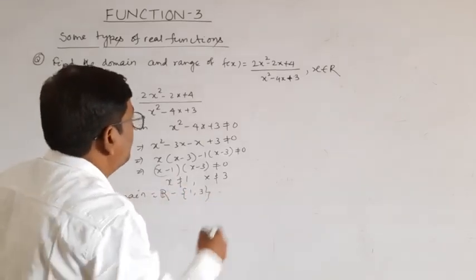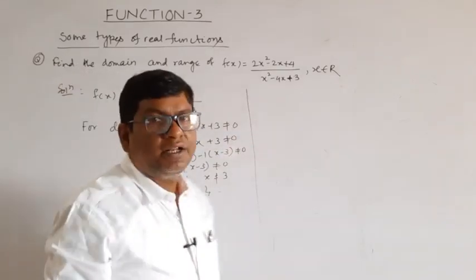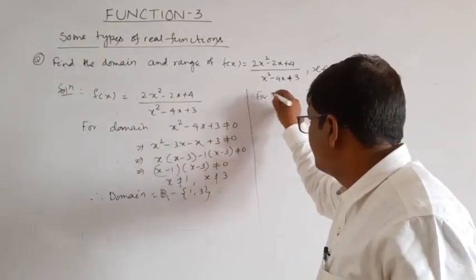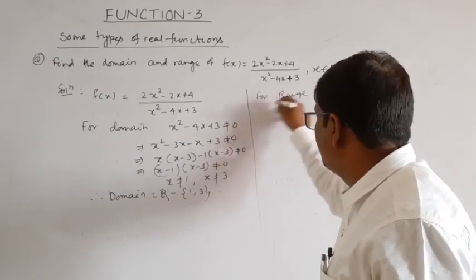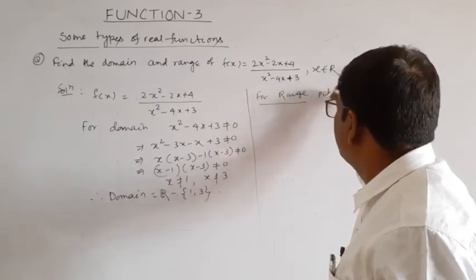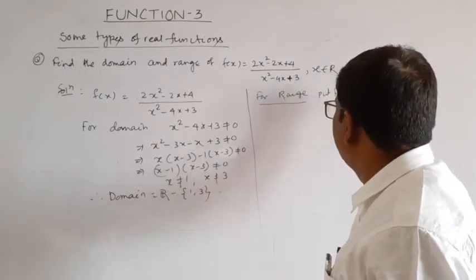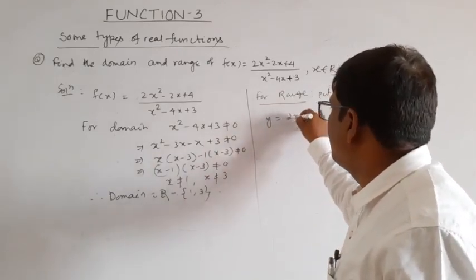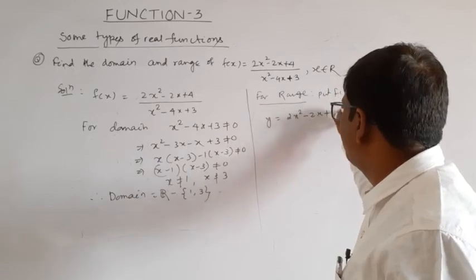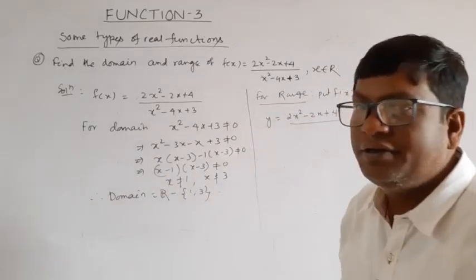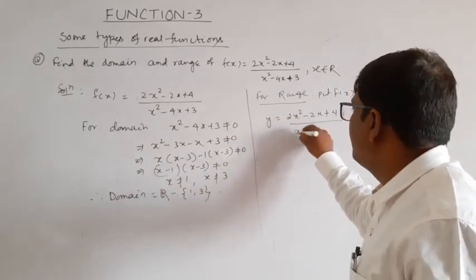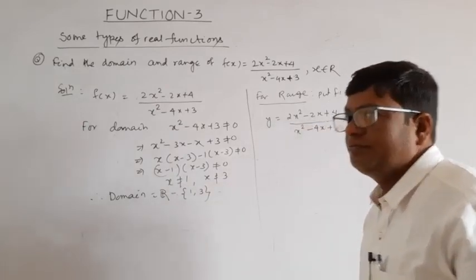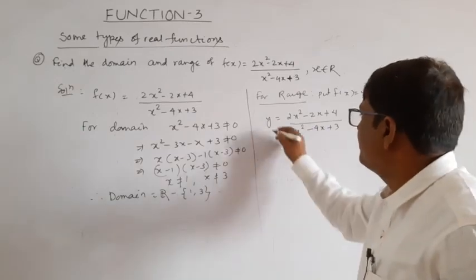Now for range, put f of x equal to y, that is y is equal to 2x square minus 2x plus 4 divided by x square minus 4x plus 3. Now cross multiply.